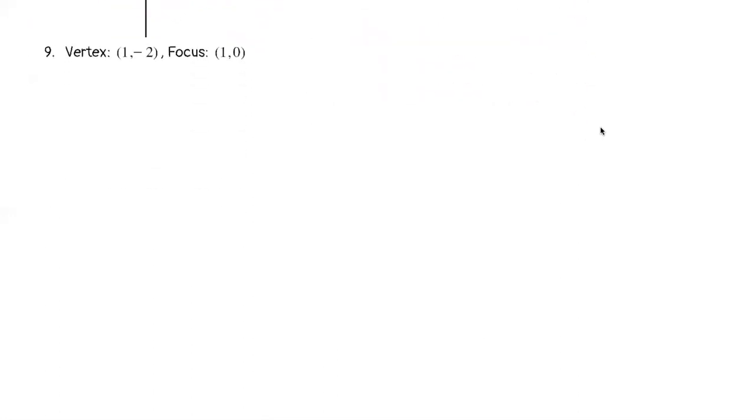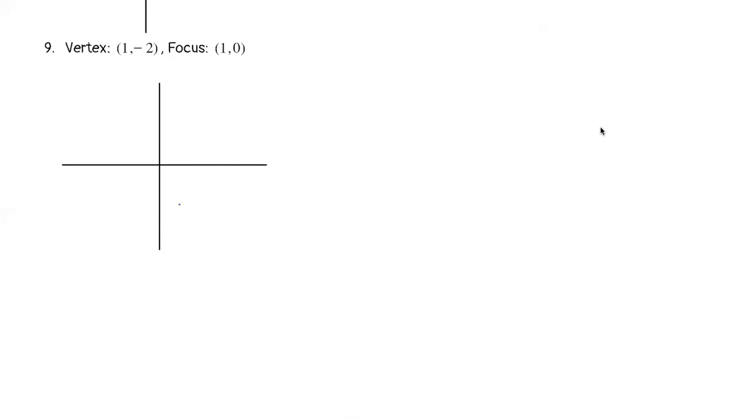All right. Let's try one more. Set up our grid. All right. My vertex is at 1, negative 2. My focus is at 1, 0. Okay. Well, how far apart are those two?